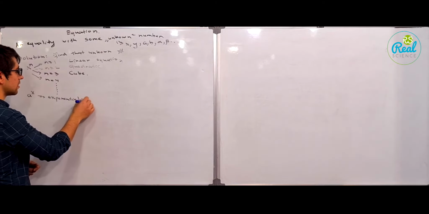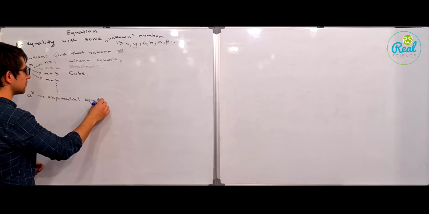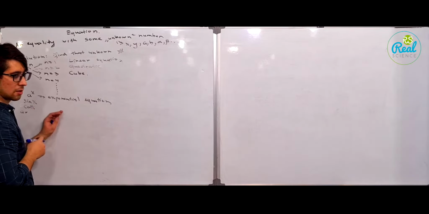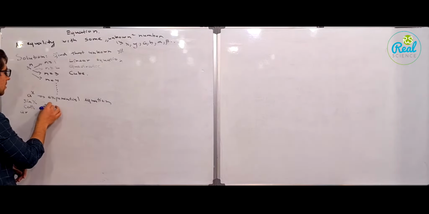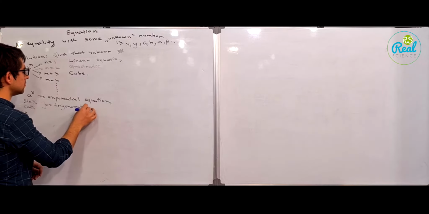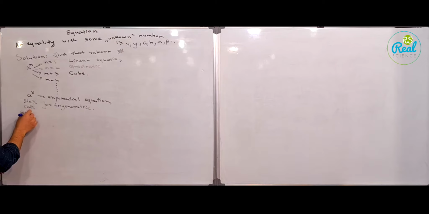right? Exponential equation. And we have sine x, and we have cosine x. We have some inverse functions of that, so they are trigonometric, right? Trigonometric. And we have arctangent x and many more.